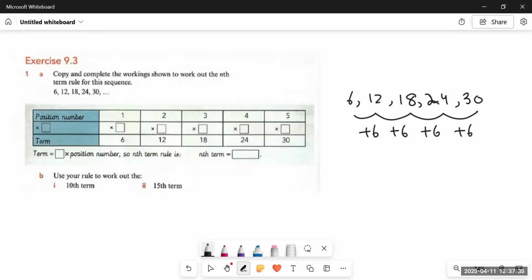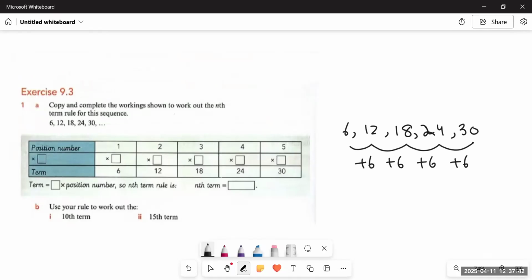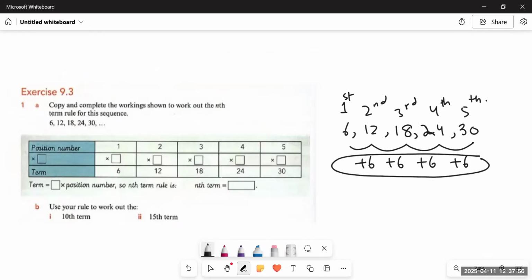So how can we find the nth term for any given pattern? Let's say this is the first term, second, third, fourth, fifth, sixth. Since we are adding 6 each time, to find the pattern we just have to multiply the position number by 6.